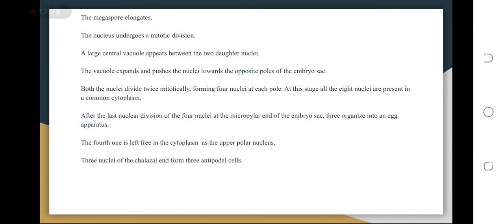Function of synergids: they secrete chemotropic substances that help to attract the pollen tube. The filiform apparatus of synergids helps in the absorption and conduction of nutrients from the nucellus to embryo sac. It also guides the pollen tube into the egg.